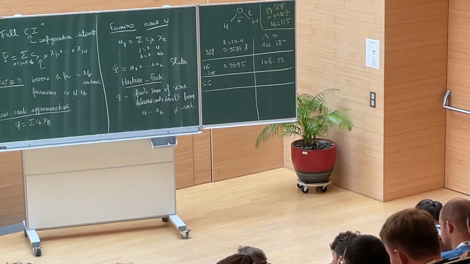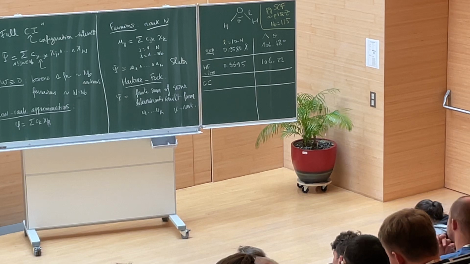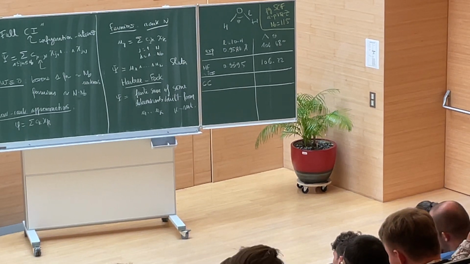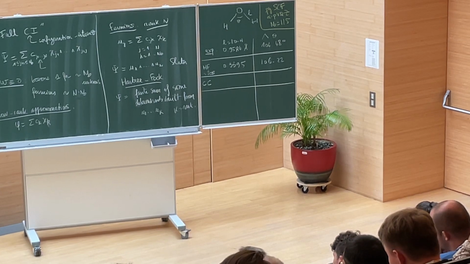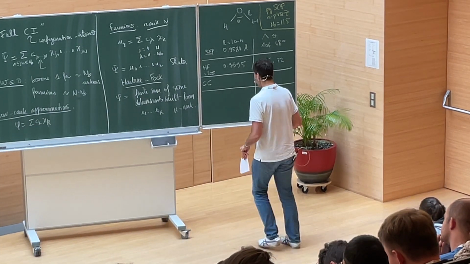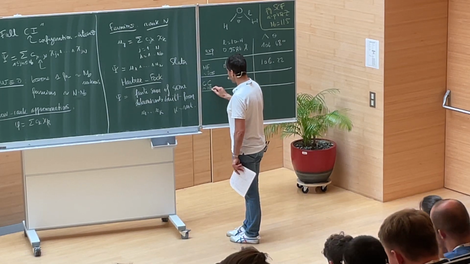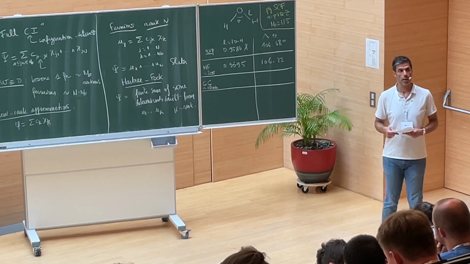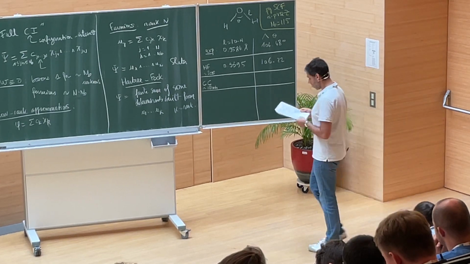Not too many. Actually, they only have single, double, and a few triple excitations. So you can count how many determinants you get. Still, it's a big computation. It took about 10 minutes on my computer. So much, much longer, which is not reasonable, but the result is good, right?